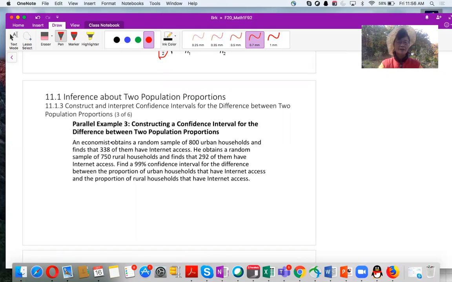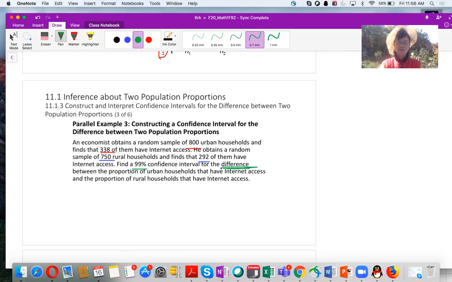So an economist obtains a random sample of 800 urban households and finds 338 have internet access. And then he obtains a random sample of 750 rural households and finds 292 have internet access. And the question asks you to construct a 99% confidence interval for the difference.